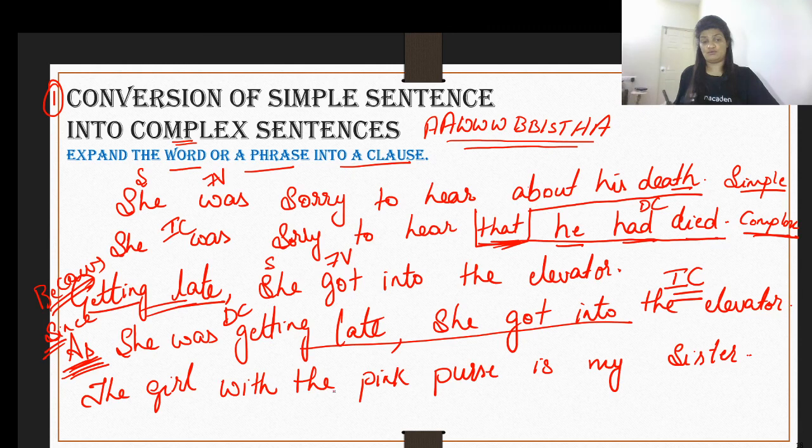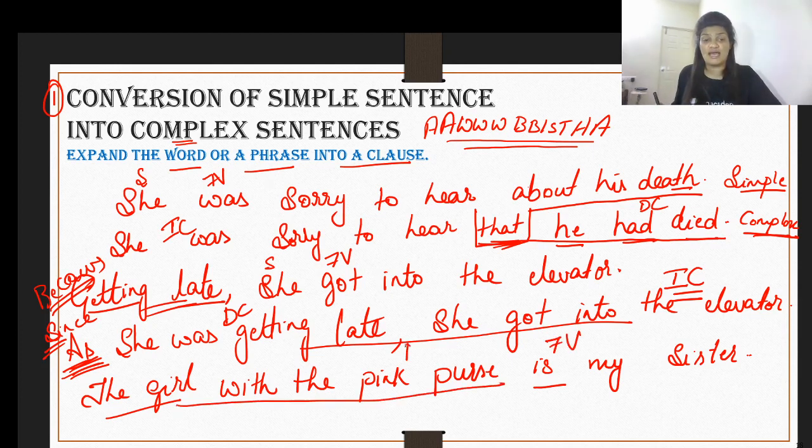So here you do not have any other clause. You have your subject and your finite verb. This entire thing is your noun phrase. Anything that comes in front of your finite verb is your noun phrase. So, the girl with the pink purse is my sister.